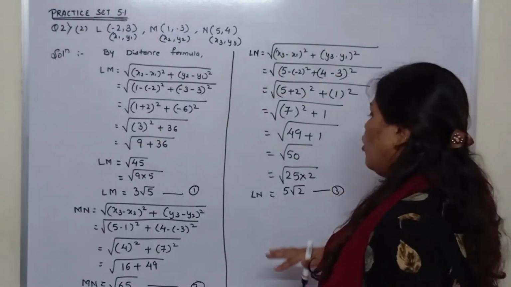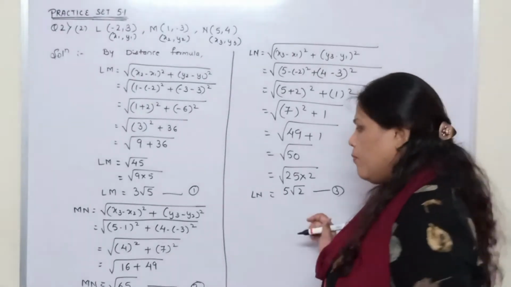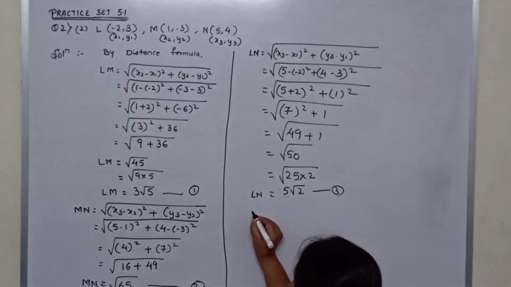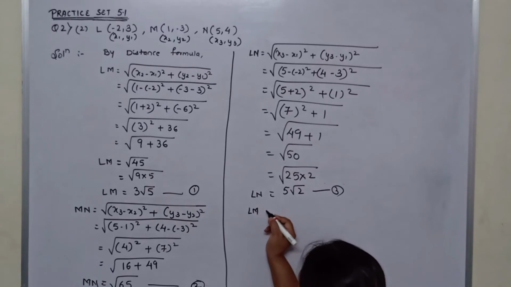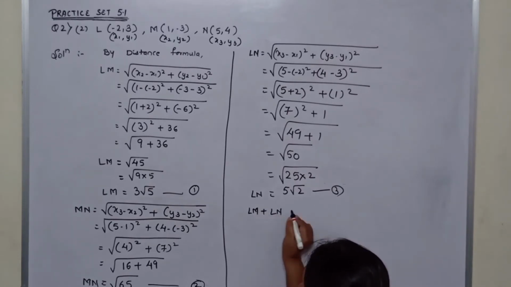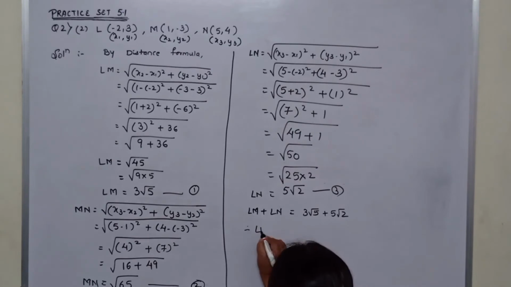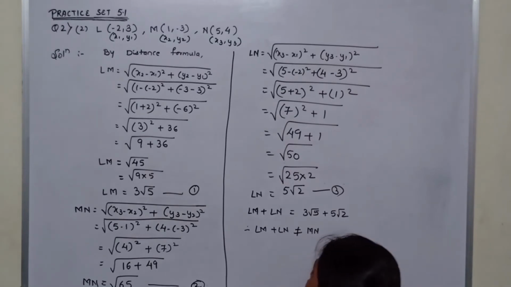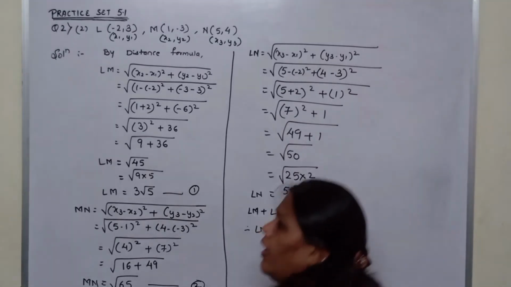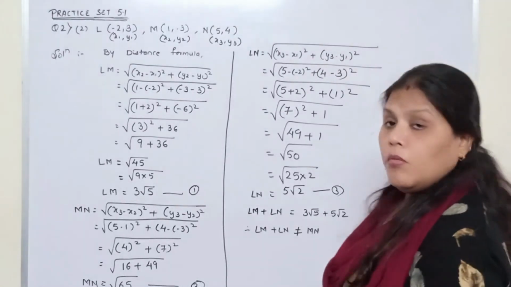So write down from equation 1, 2 and 3, LM plus LN equals 3 root 5 plus 5 root 2, okay, which will not be added further. Therefore LM plus LN is not equal to MN. Therefore points L, M and N are non-collinear points.